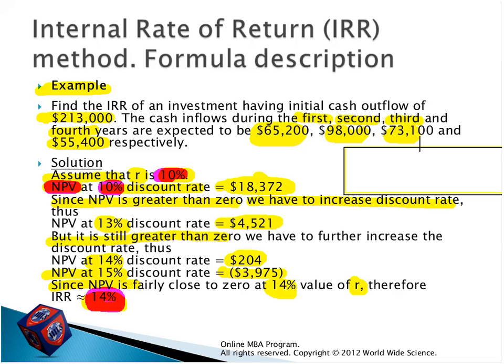Next, year 1, the first year of the cash flows is equal to 65,200, right? Based on this example. The second year of the cash flows is equal to 98,000, right?